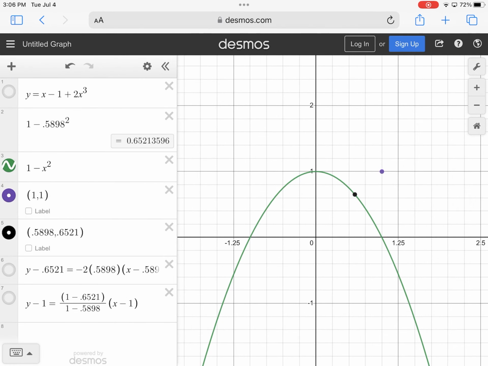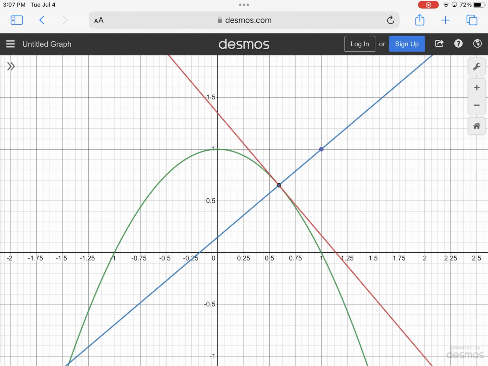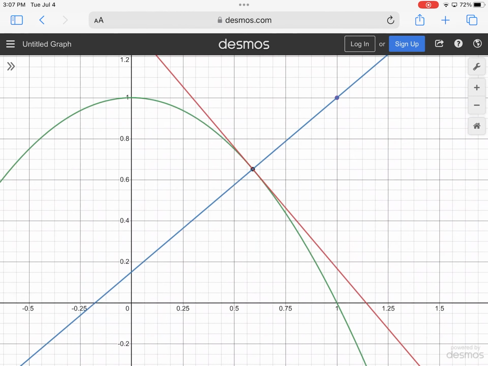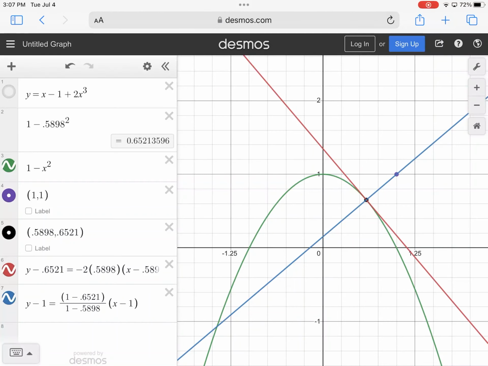And moreover, if I type in the line that is tangent at that point and the line that is through those 2 points, I do get something that appears to be a right angle, okay? And you could verify that by looking at these 2 slopes. There's one slope and there's the other slope, and they should be negative reciprocals. I'll leave that to you to verify, but that is going to be the case. Now, we've done a little rounding, so they might be a slight bit off, but it'll be close.